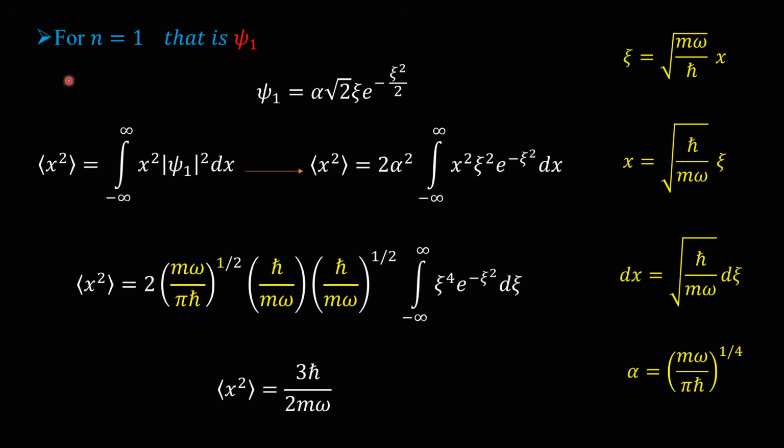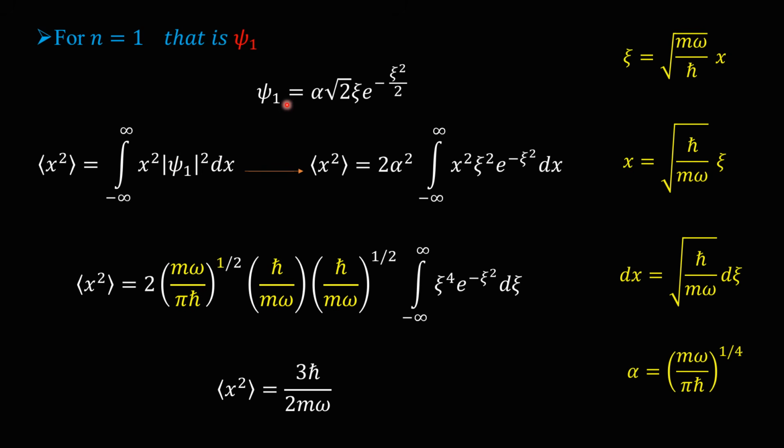Now we will see the expectation value of x squared for psi 1, that is for n equal to 1. Psi 1 is equal to alpha times square root of 2 z e power minus z squared by 2. We have seen that now. The expectation value of x squared is by definition integral between minus infinity to plus infinity x squared modulus psi 1 squared dx.